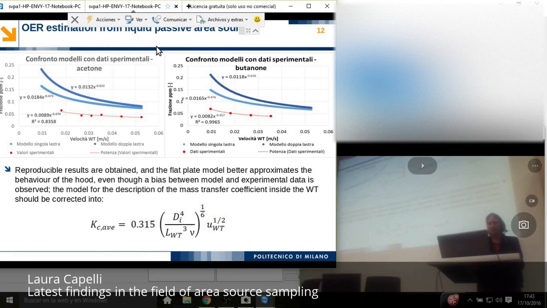But in both cases, we have this bias, and so we decided to correct the proportionality coefficient for the calculation of the mass transfer coefficient from the theoretical model into another model which better describes our experimental results. Since at the end what interests us is not to have a theoretical model, but to have the model that describes our sampling system.